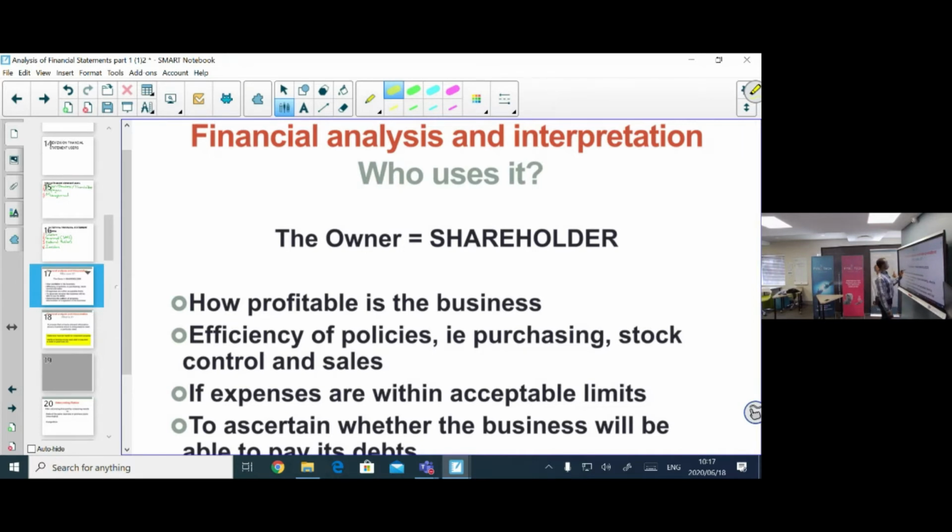Remember, if it's a sole proprietor, sorry about that, it could be maybe a sole trader. Example, maybe a vendor or cake shop owner.